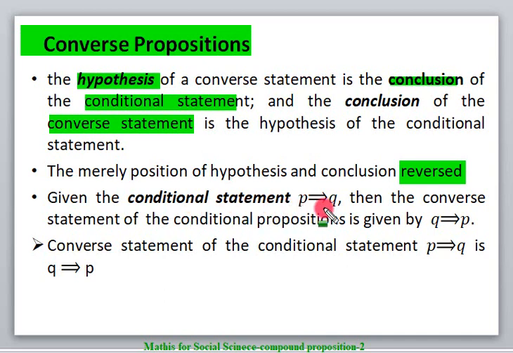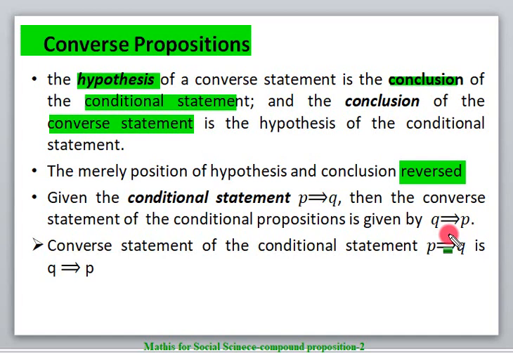If we use the previous example, if there is rain, then there will be a crop. The converse of this conditional proposition is given by putting the conclusion in the position of the hypothesis, and the hypothesis in the position of the conclusion. Here, Q implies P. That means if there is a crop, then there will be rain.